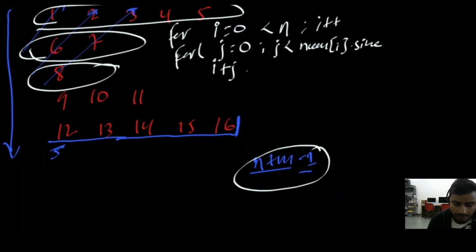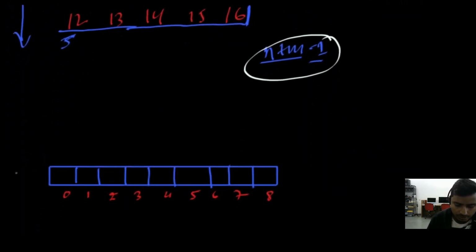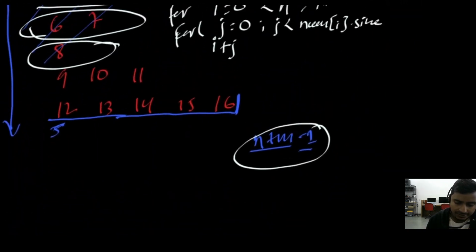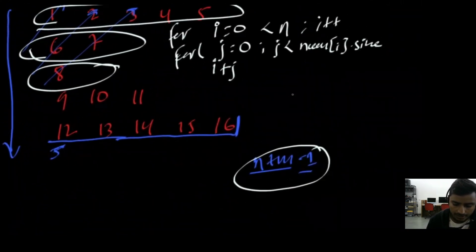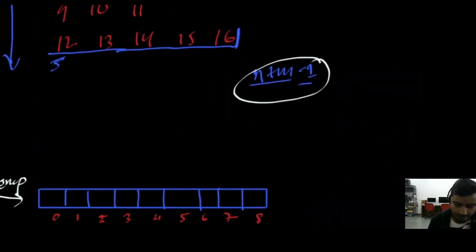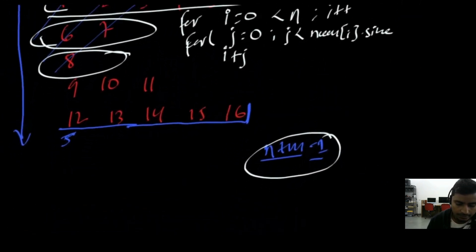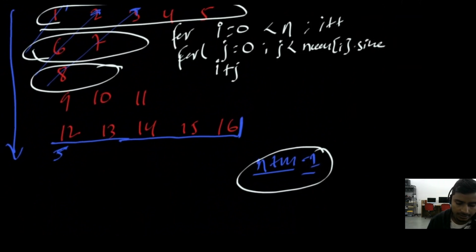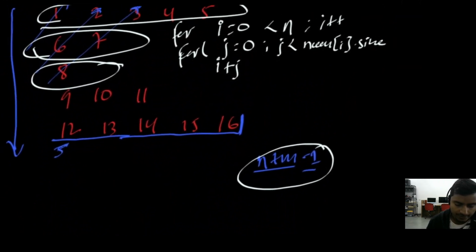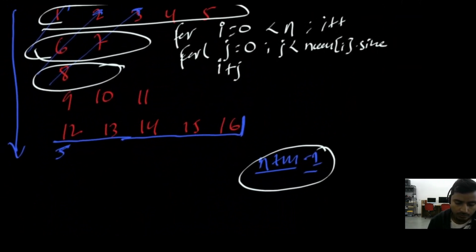This will be our temporary vector, whose entire size will be n plus m minus 1. We'll insert all the elements of the given array into our vector position-wise. So the element at the i plus jth position will be inserted in this array.